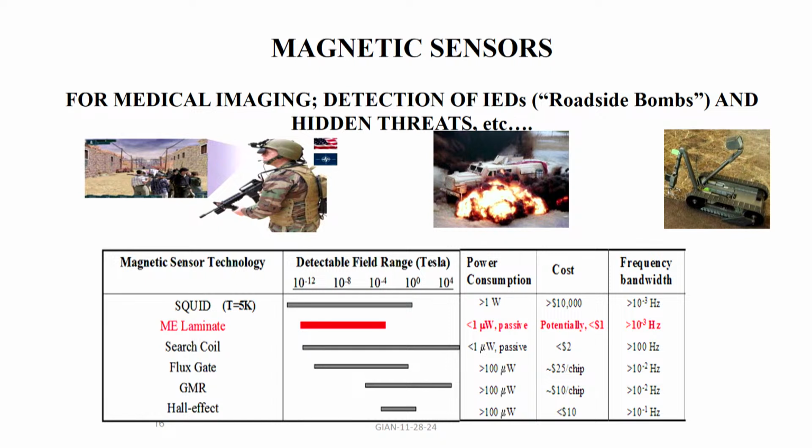For the defense oriented applications, if you want to see behind the wall, if there are enemies carrying guns and running around, the sensor mounted onto the soldier's head is sensitive to magnetic field, and then the sensor electronics could convert the magnetic signature into an image.